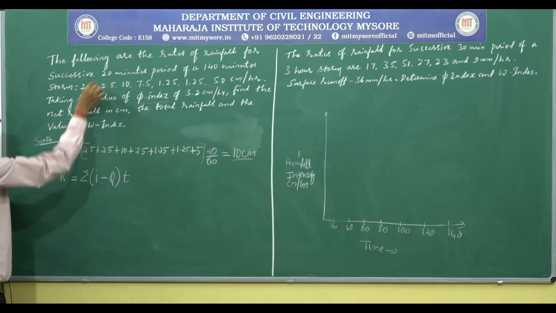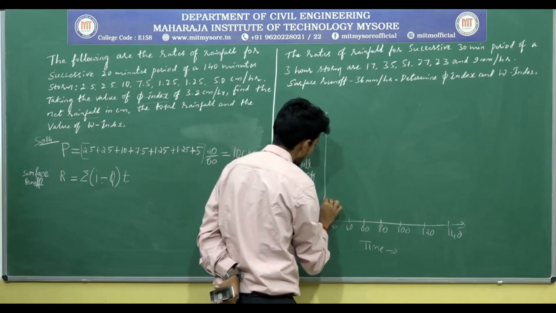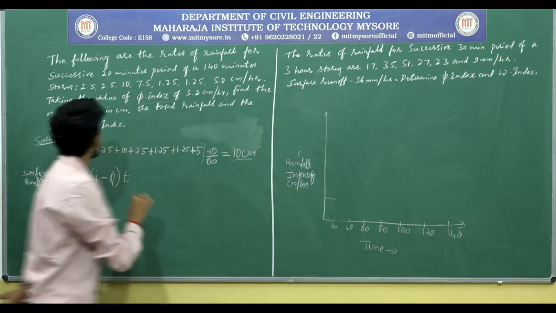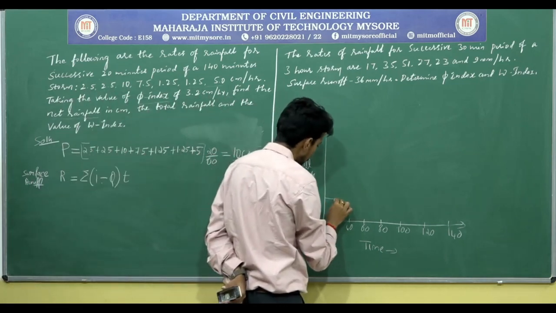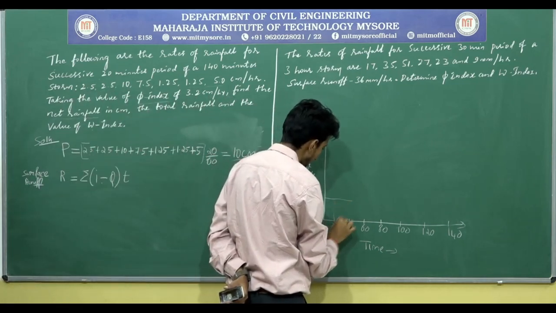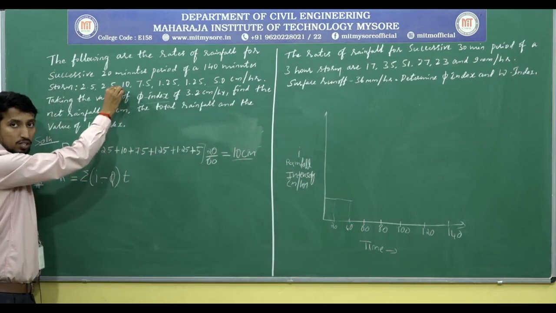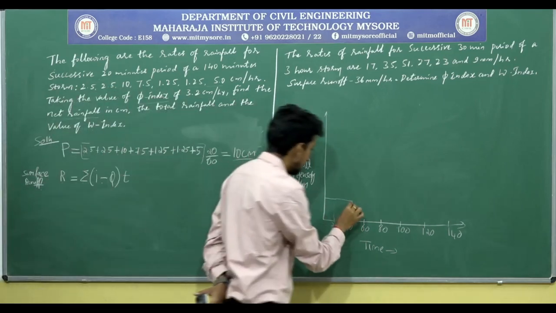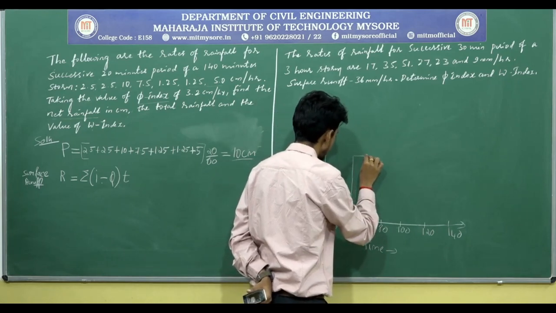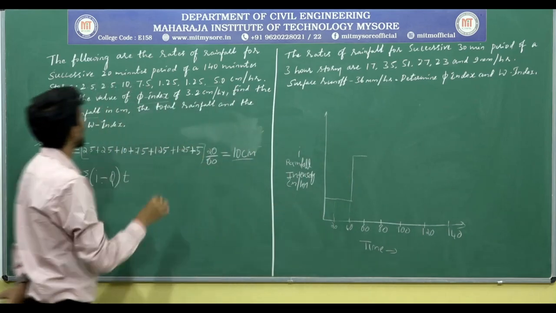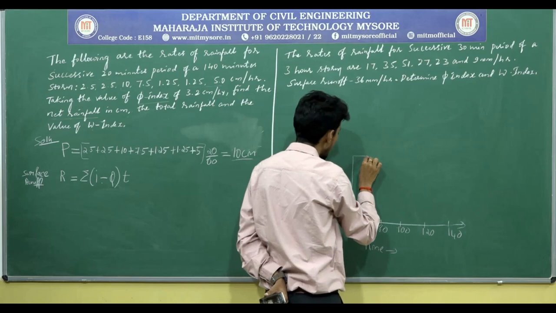For the first 20 minutes, the rainfall intensity is 2.5. For the next 20 minutes, again 2.5. For the next 20 minutes, it is 10. Next, it is 7.5.